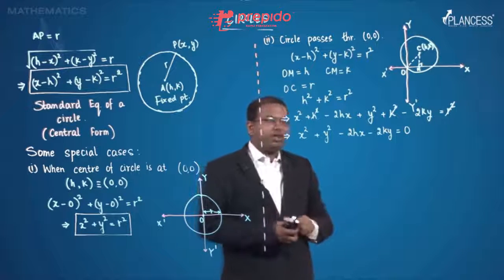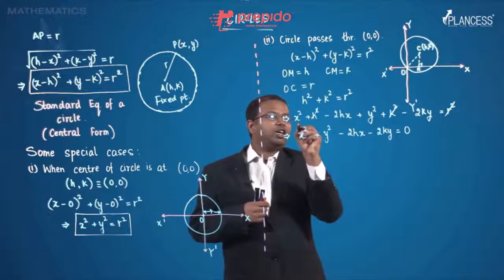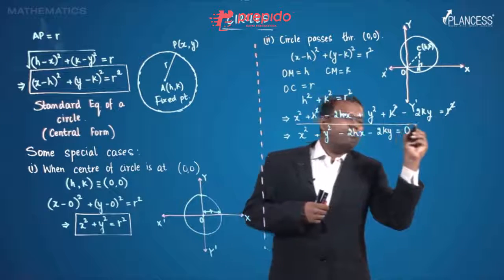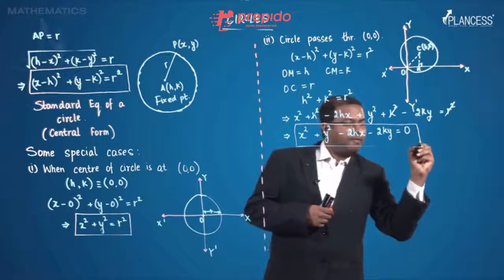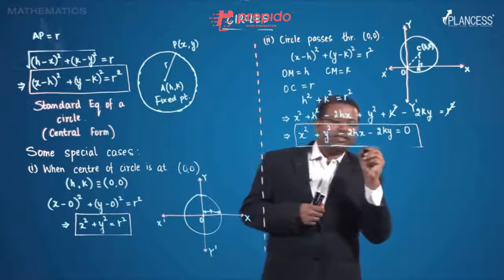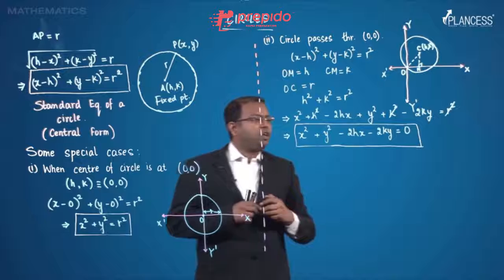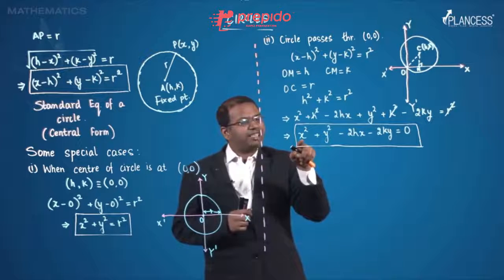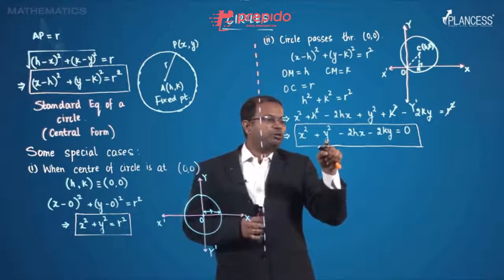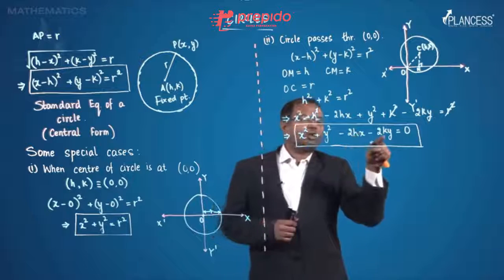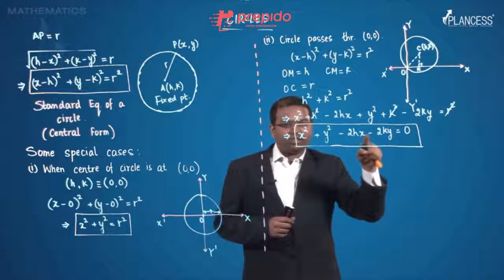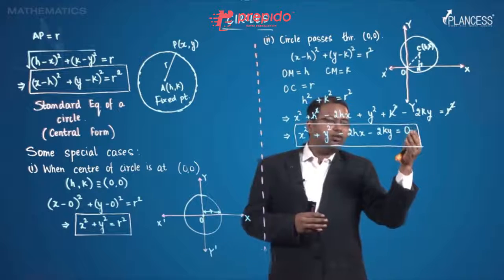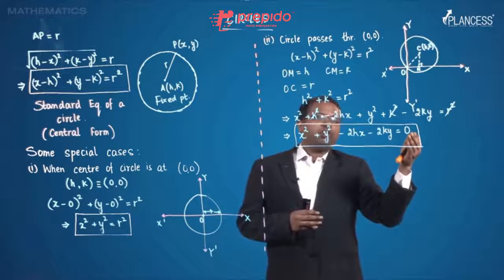Now note this equation. Here we do not have a constant term. The idea is fairly simple, because when we substitute x equal to 0 and y equal to 0, all these four terms become 0, and hence there should not be any constant term on the left hand side, otherwise the right hand side will not be 0.